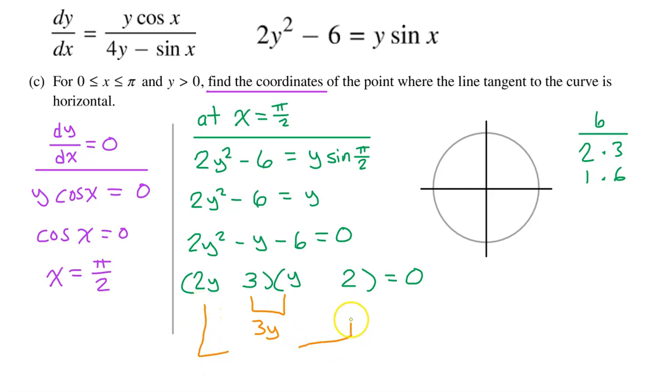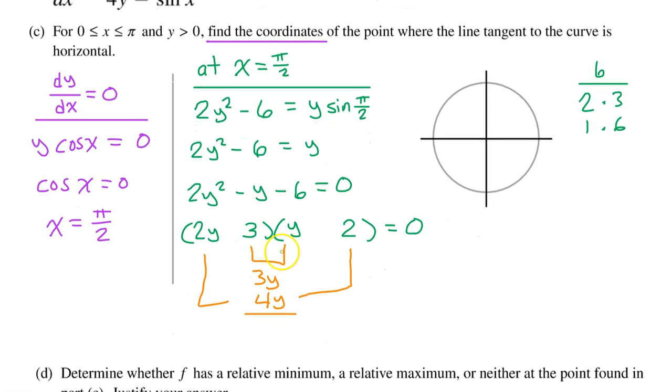So outer, I have 4y. Inner plus outer must equal the middle. This is what I mean by the middle, negative 1y. We can make negative 1y if we have a positive 3y and a negative 4y. That means positive here and a negative here.